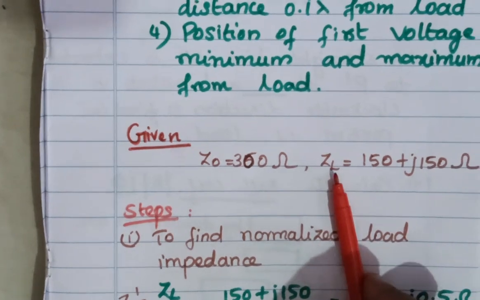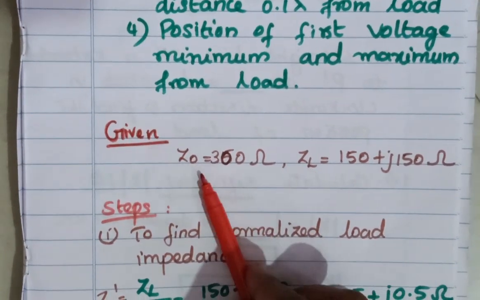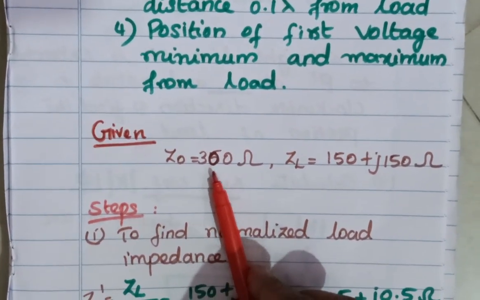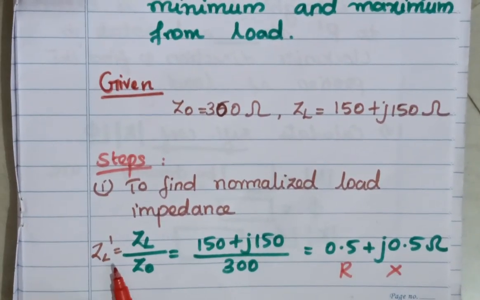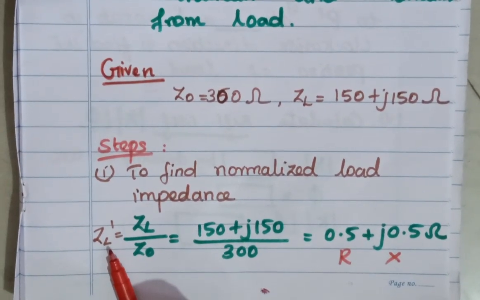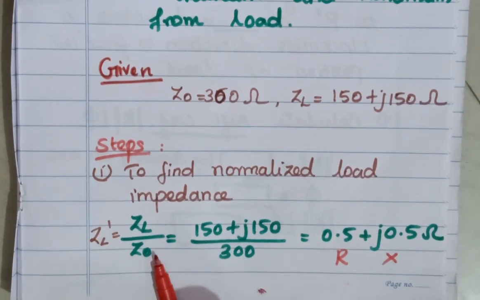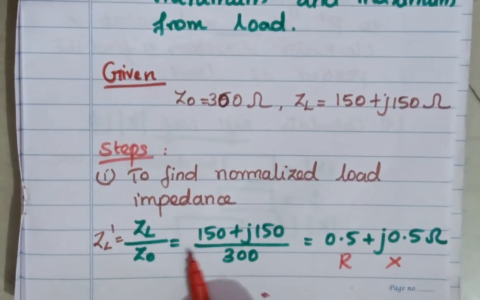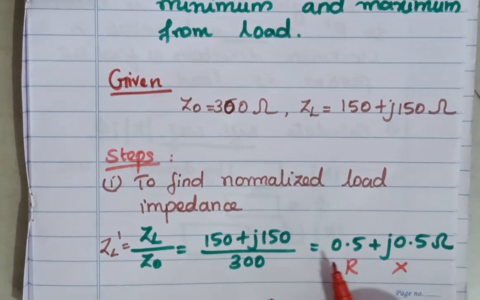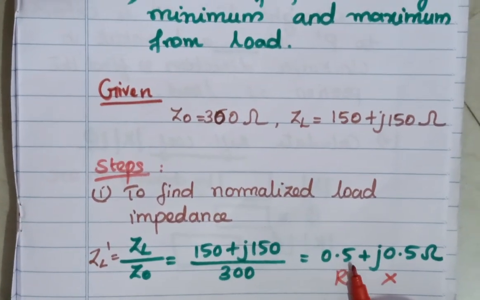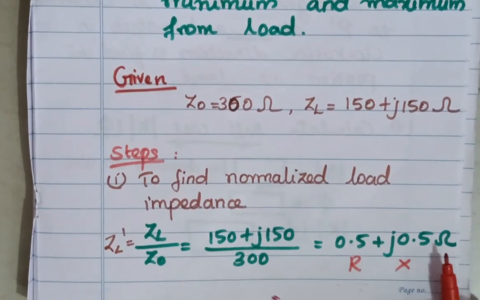The impedance given in the question must be divided by the characteristic impedance in order to get the normalized load impedance. So ZL dash, that is the normalized load impedance, is equal to ZL by Z0, that is equal to 150 plus J150 divided by 300, which will give you 0.5 plus J0.5 ohm.